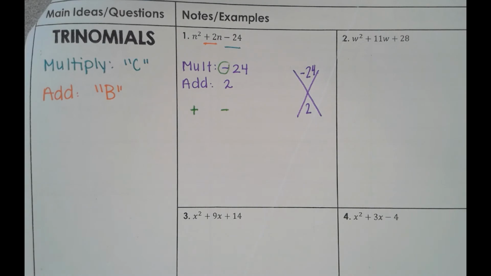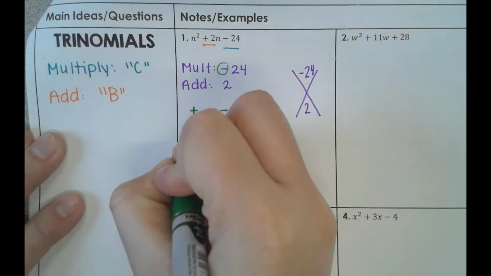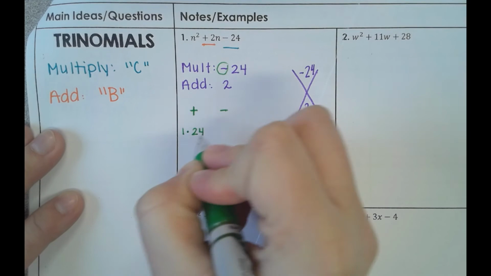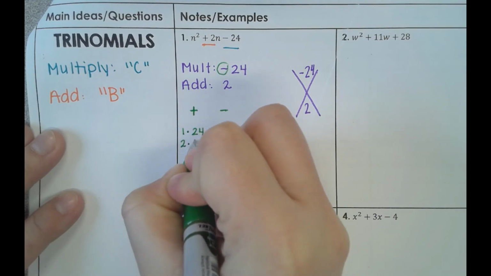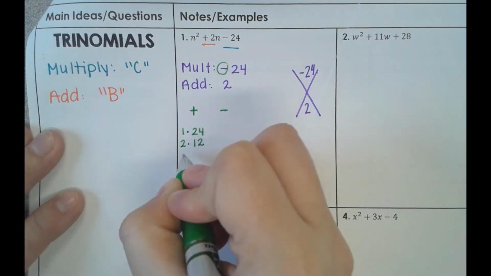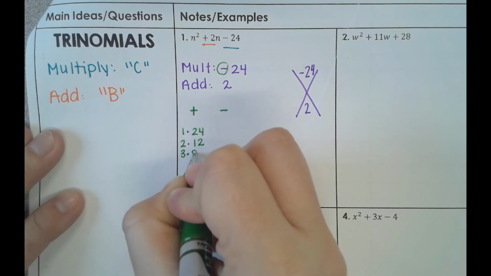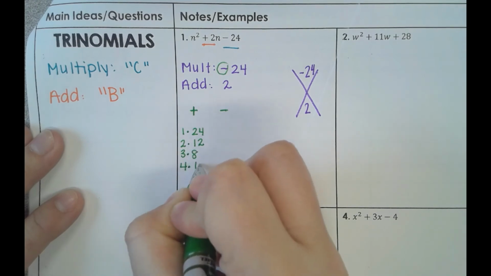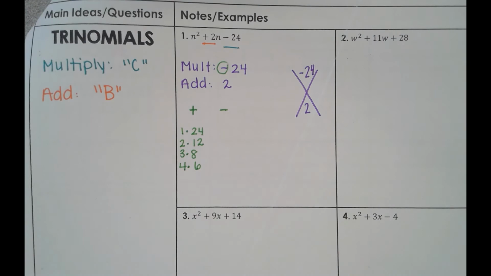And list all of those out. So like 1 and 24, 2 and 12, 3 and 8, 4 and 6. So those are all the ways you can multiply to be 24. One of those has to be positive, one has to be negative, and we have to add to be 2.